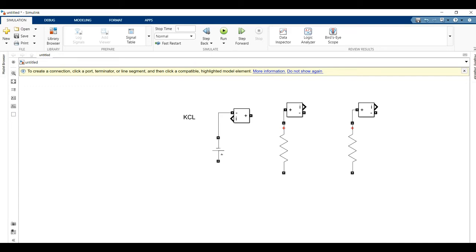Now connect the remaining circuit. Adjust the current measurements accurately so that you get a good diagram, and check the polarity also.